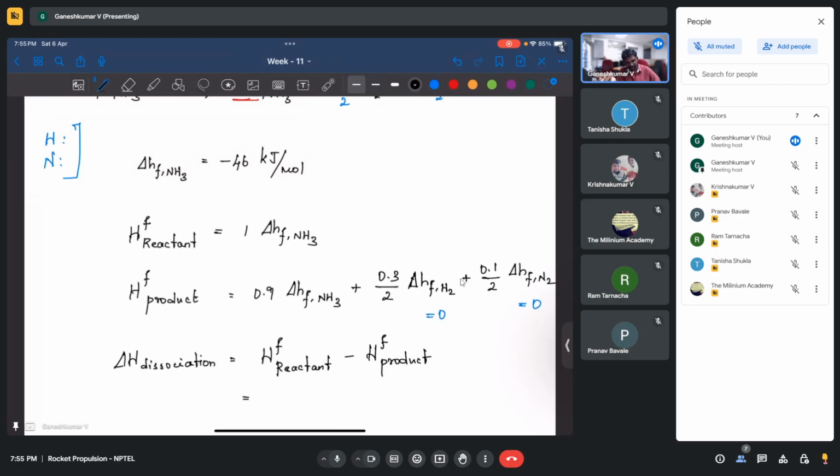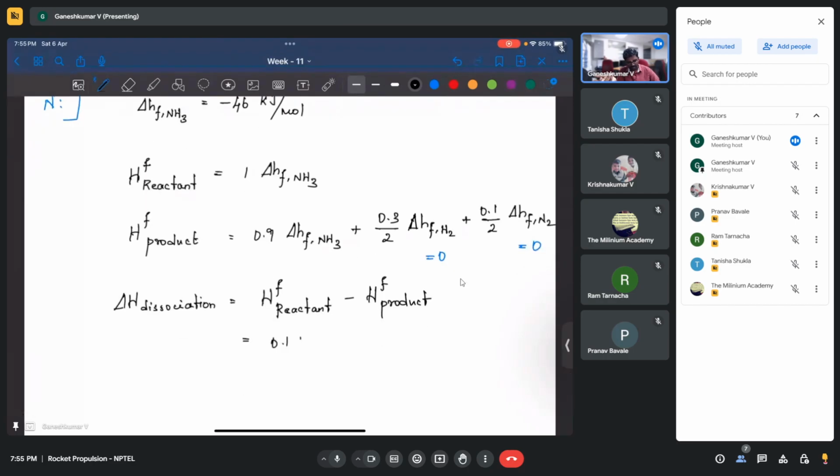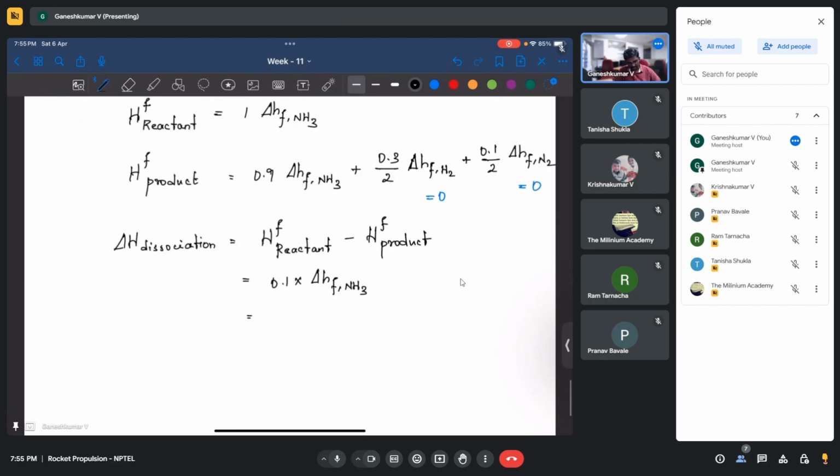So ideally you will end up getting 0.1 times delta HF of NH3, because that is the amount of ammonia we are dissociating, so that much formation enthalpy is lost. As Ram sir rightly said, it's minus 46 kilojoules. Since 0.1 is the mole, it becomes minus 4.6 kilojoules.